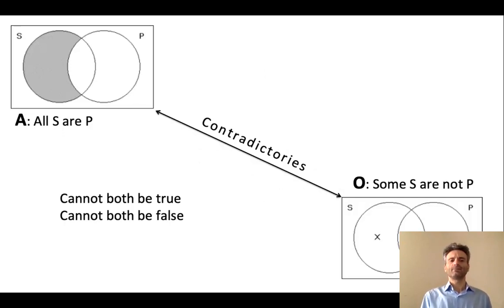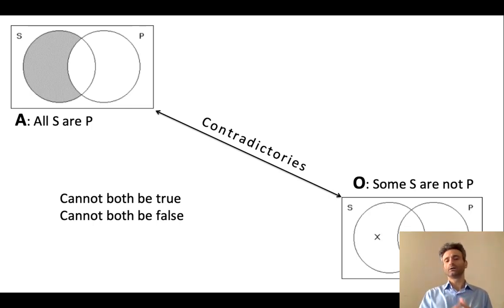The form A and the form O are contradictories. A is a universal affirmative. O is a particular negative. Naturally, if A is true, O must be false. Think about this. If all bananas are yellow, then it is false that some bananas are not yellow.